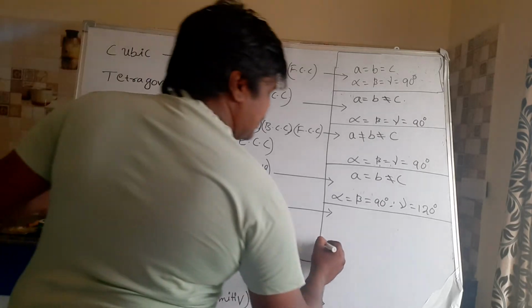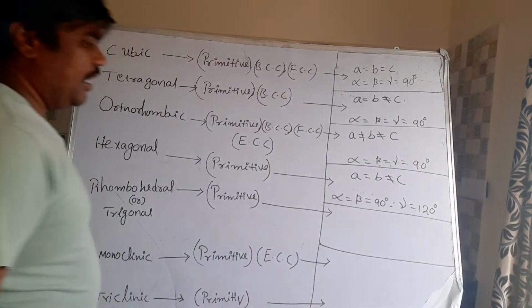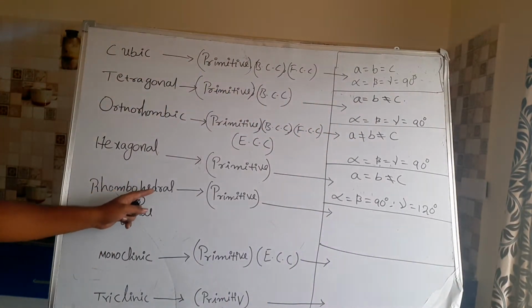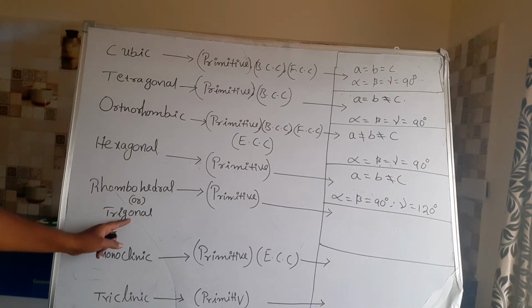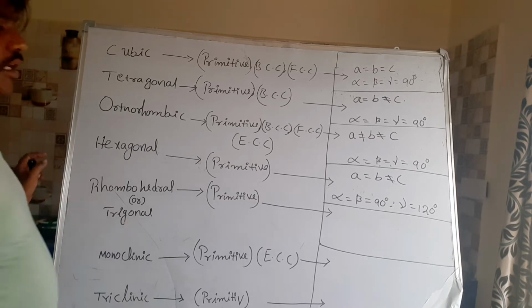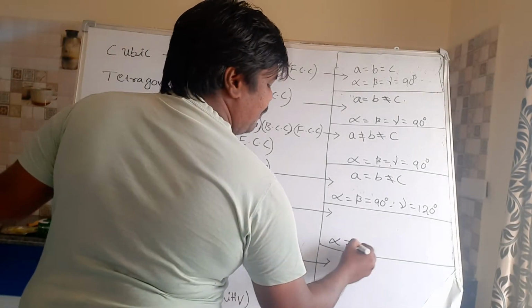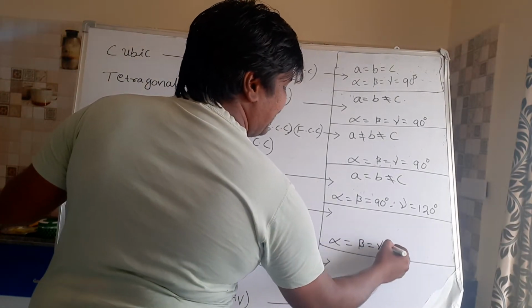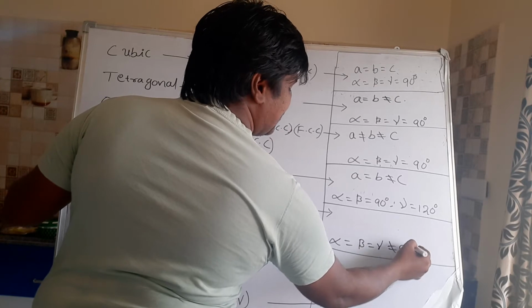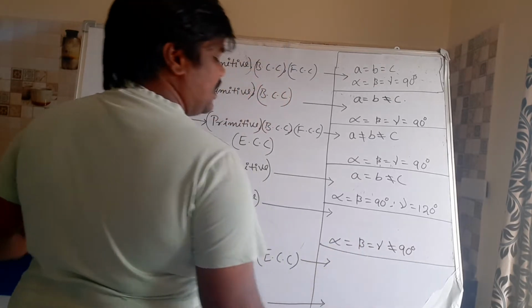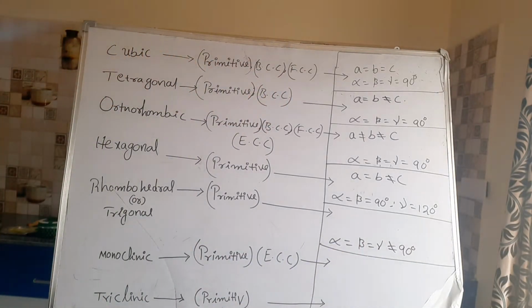When you come to this system, that is, the rhombohedral or trigonal system, yes, no angle is equal to 90 degrees, but all of them are equal. Alpha is equal to beta is equal to gamma, but it is not equal to 90 degrees. These variations you have to keep in your mind for objective examinations.